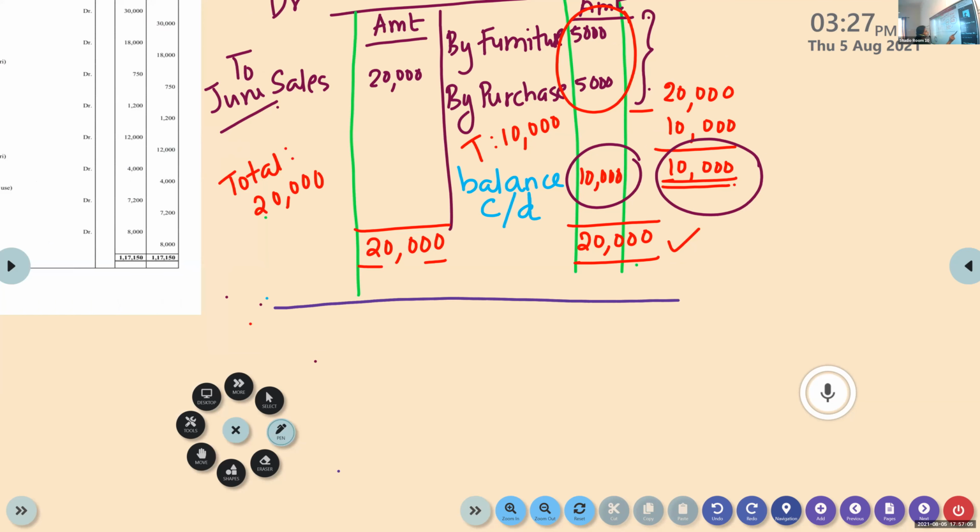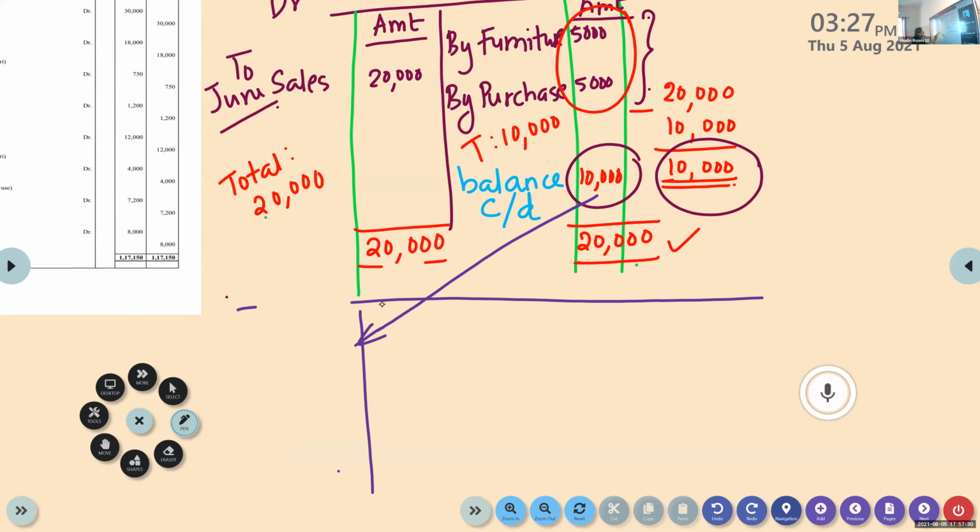So this is balance carried down, as I told you. Now, in the next month, before posting the transaction, this balance amount should be shown first in the account.